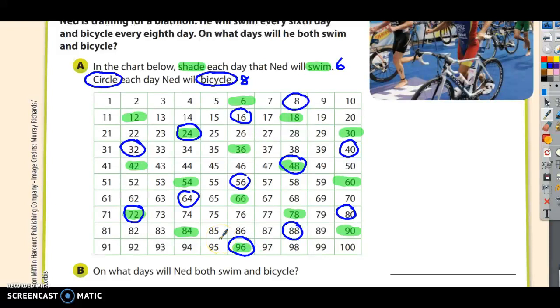Okay, so question B reads, on what days will Ned both swim and bike? That's when we highlighted and when we circled, and I count 4 of those.